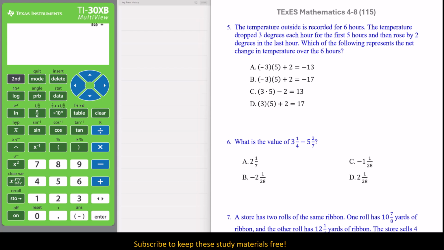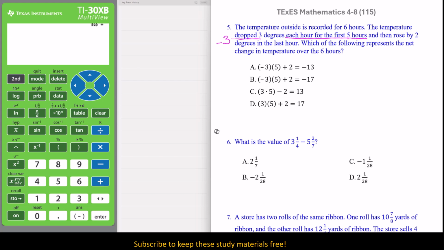The first thing I notice very quickly is that dropping by 3 degrees means -3. And if you do that for each of the first 5 hours, that's a -3, 5 times. That's a negative value.